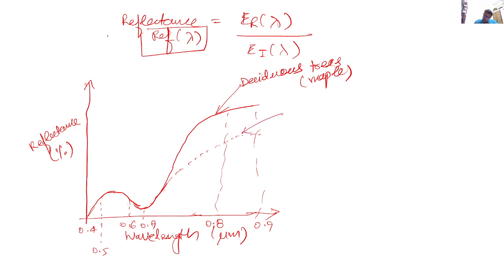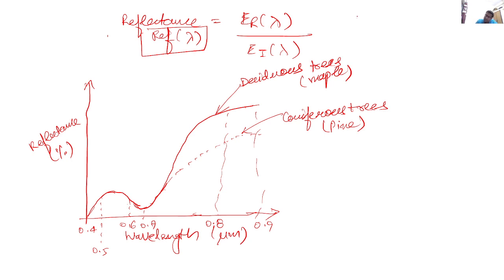And the dotted line curve is for coniferous tree, like say pine. Okay, so we do see that the reflectance changes between the two different tree types, pine versus maple. And another interesting thing which we see is that the reflectance features are pretty similar in the visible range.